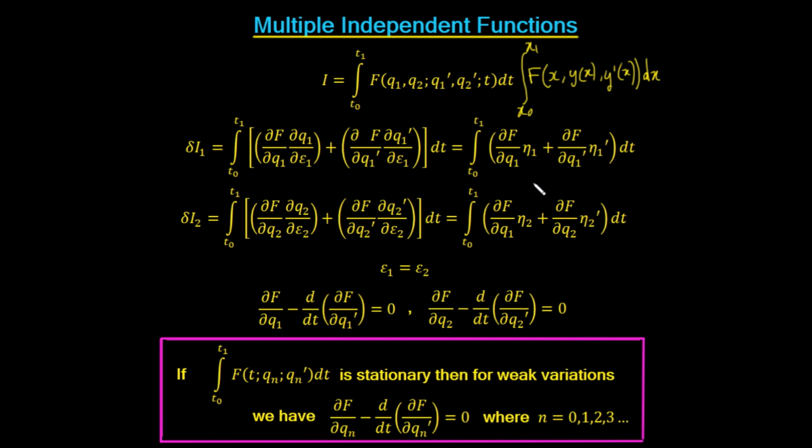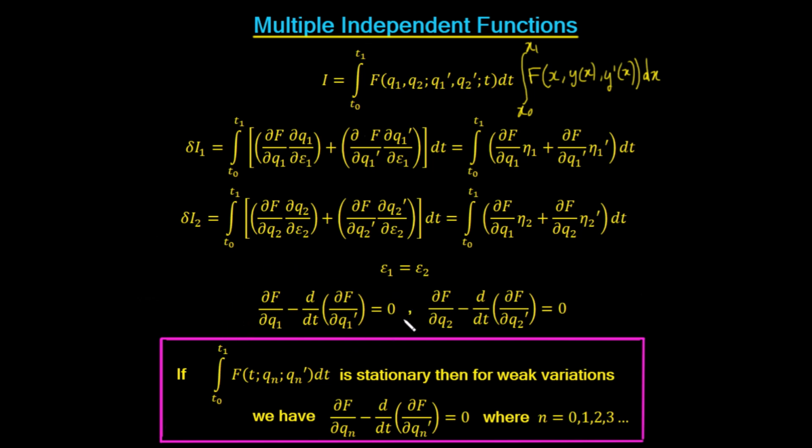Now what we would have done at this point is work through integration by parts in order to get rid of the eta 1 derivative, and then we could have taken out the common factor, which is eta 1. The eta 1 is our variation, and we know that doesn't go to 0, so whatever would be left inside the bracket would be the quantity that would equal 0, and that would be the Euler-Lagrange equation.